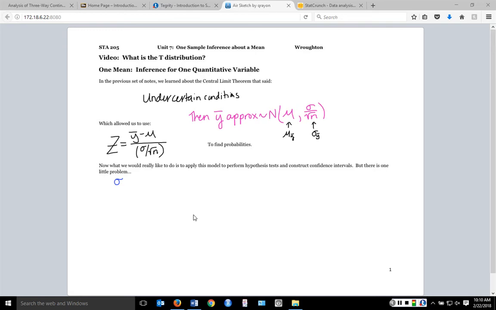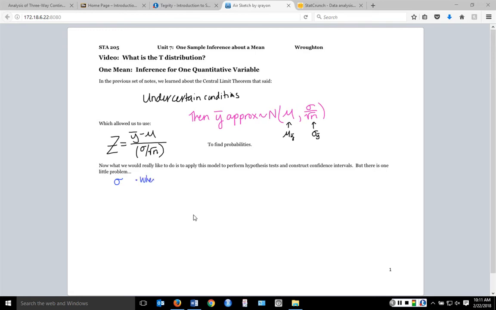So to understand why this is a problem, let's talk about generally our goals when we do inference. So when we do inference, there's been two different things we have talked about. We've talked about doing a hypothesis test, and we've talked about doing a confidence interval.